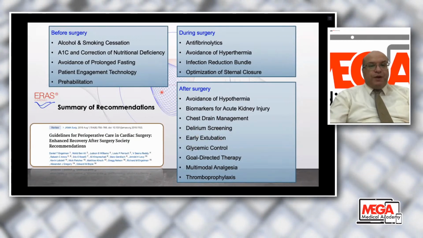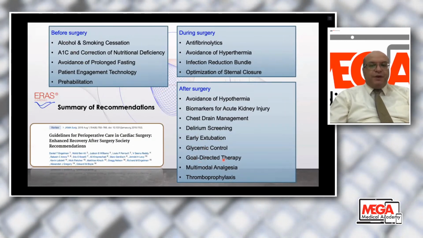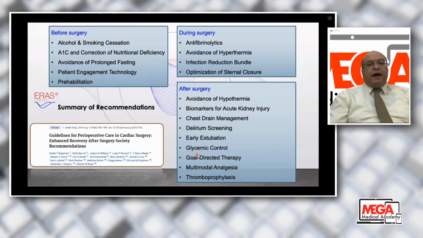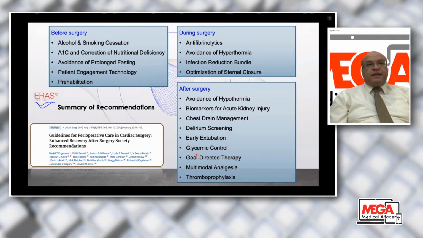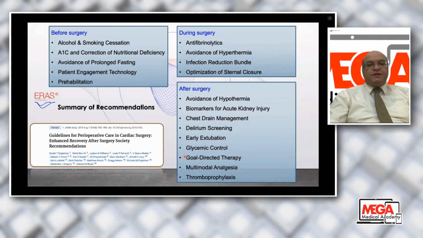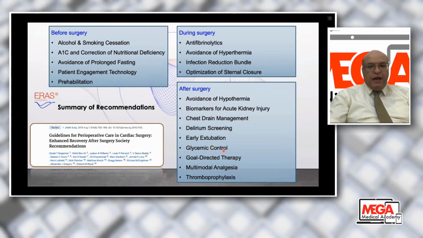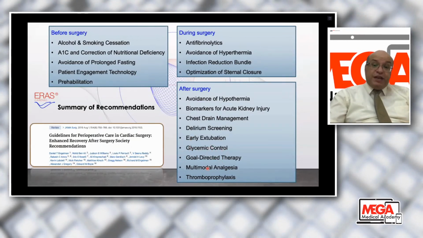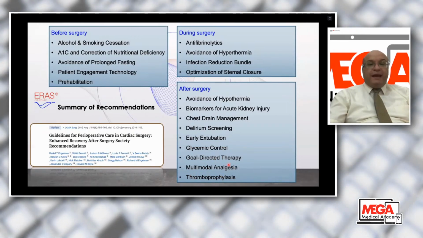Glycemic control should be continued from the pre-operative period to the post-operative period, as Professor Maged Salah described, using goal-directed therapy, either using any minimally invasive cardiac output monitoring or just a simple algorithm with mean arterial blood pressure, central venous pressure, and mixed venous oxygen saturation, multimodal analgesia, and thromboprophylaxis.